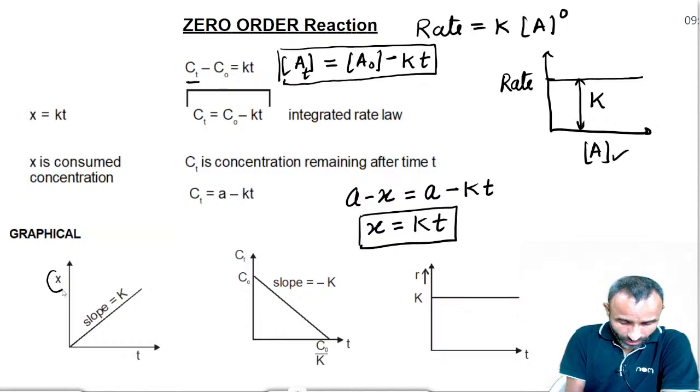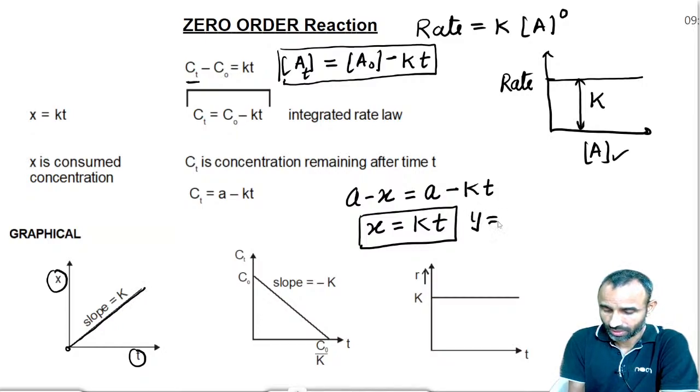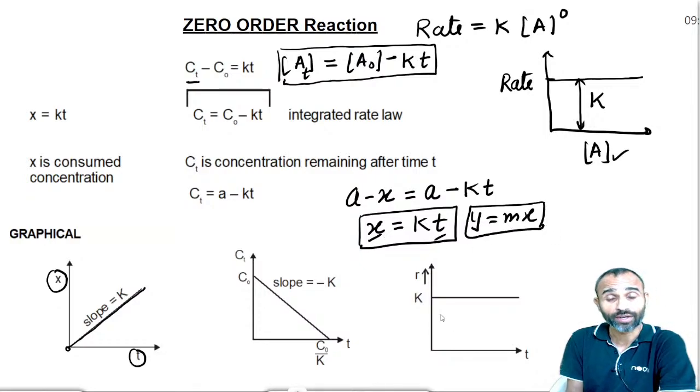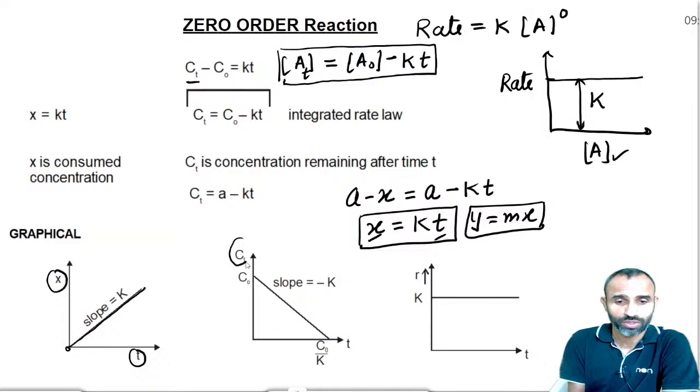So if we plot a graph, the slope is K, because it is just like y equal to mx, where X and t are variables. Same when we plot a graph between Ct versus t, then as time increases, Ct decreases.